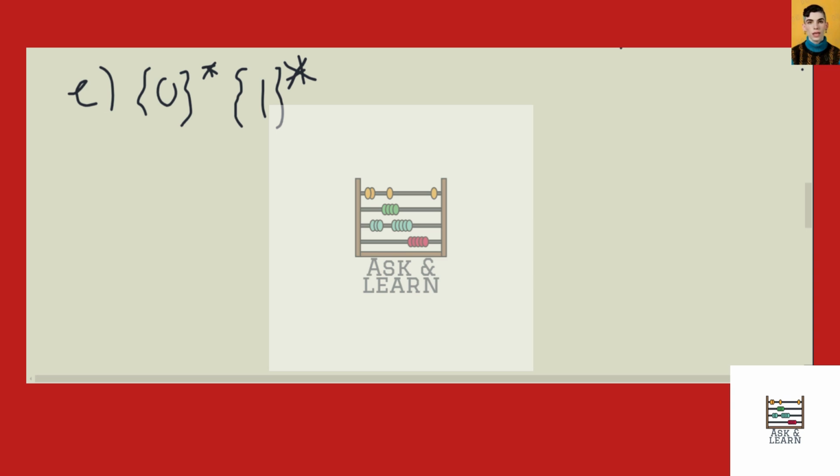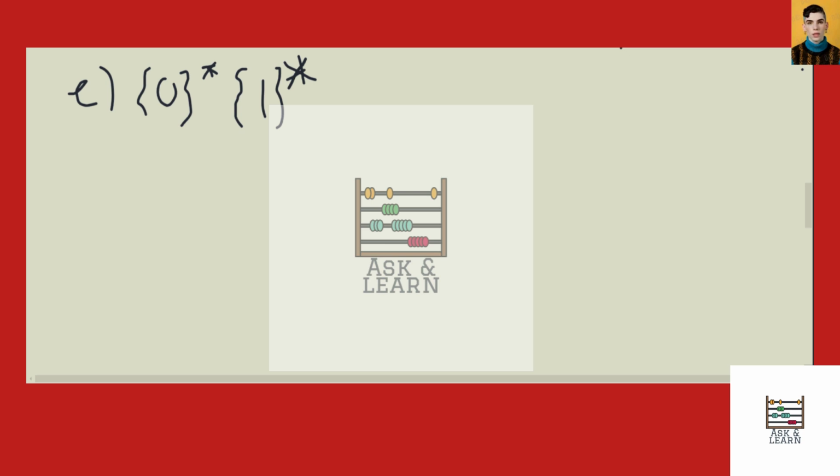Now we know that the Kleene closure of the set containing 0 contains all sequences of zeros, and the Kleene closure of the set containing 1 contains strings which are any sequence of ones.